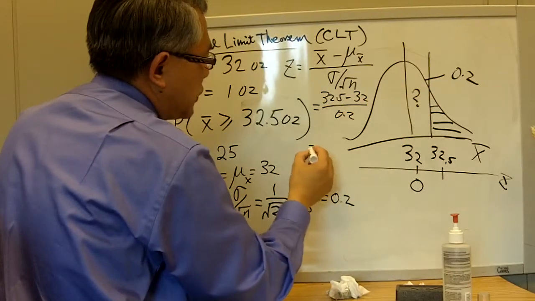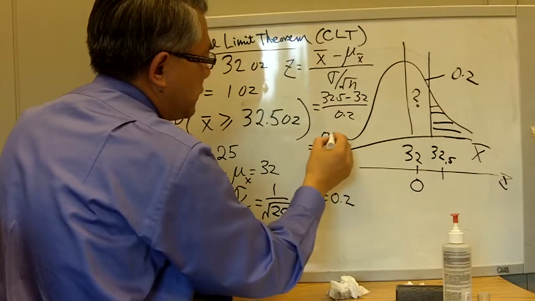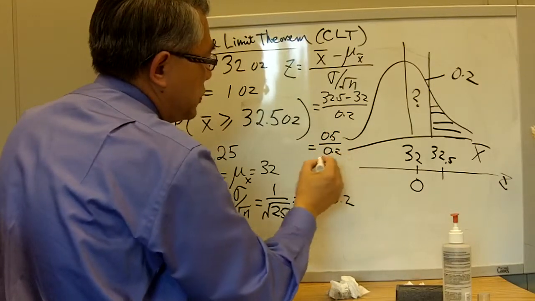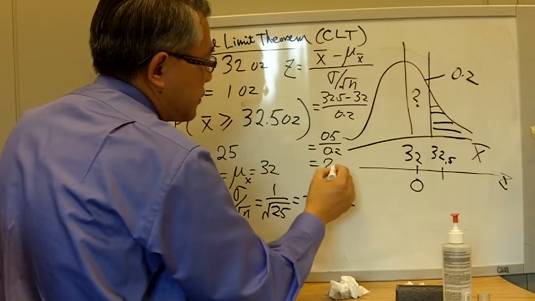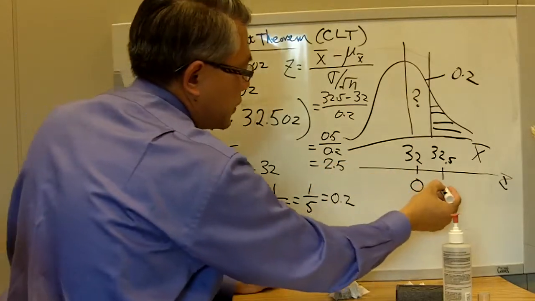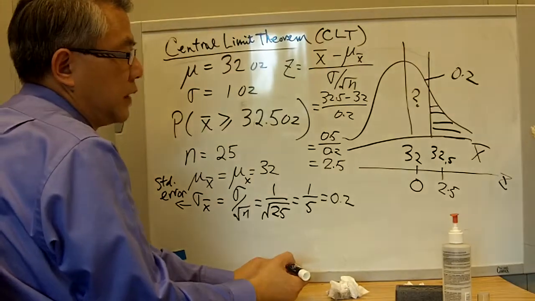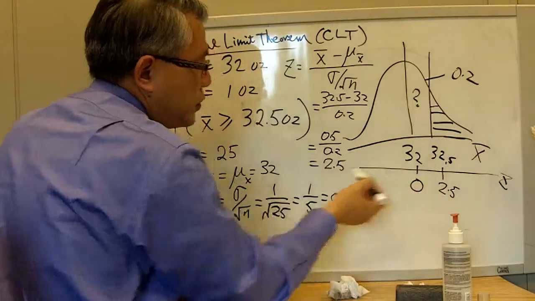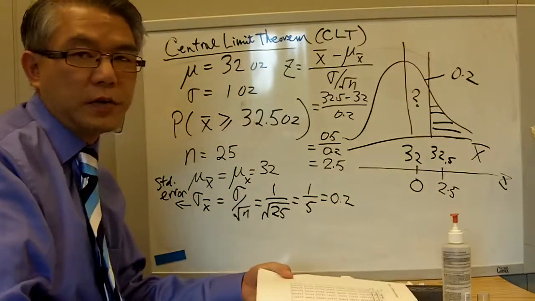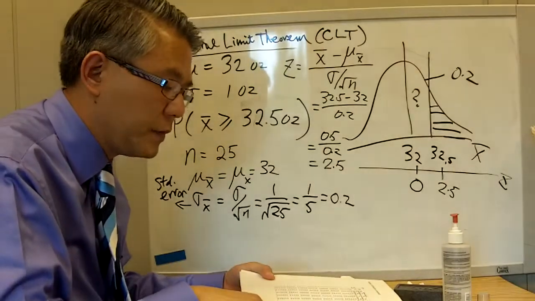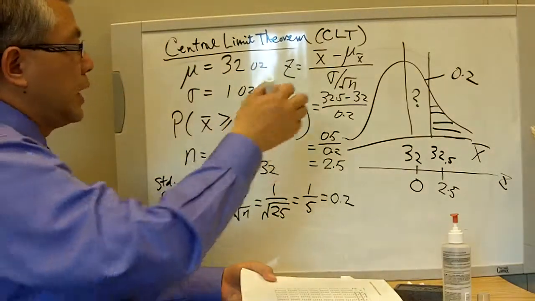So that would be equal to 0.5 divided by 0.2. So if my math is correct, it's 2 and a half. So this would be 2 and a half standard deviations above the mean, and that would give us from 0 to 2 and a half. If we go to the normal table again, 2.5 would give me 0.4938.